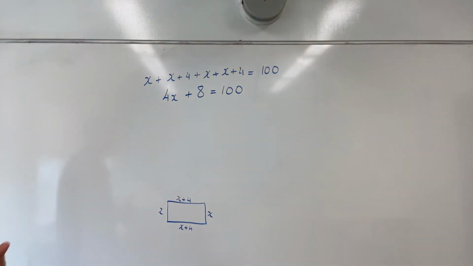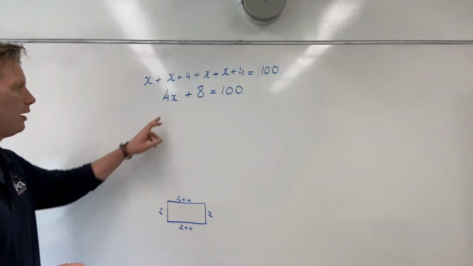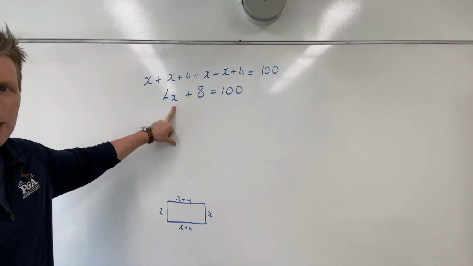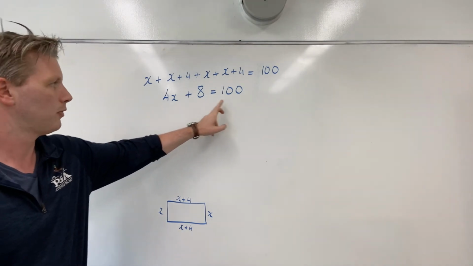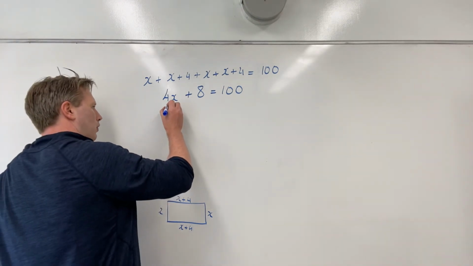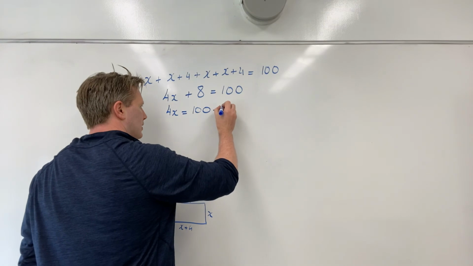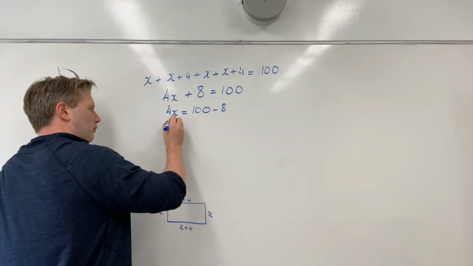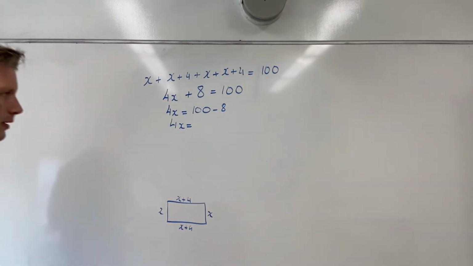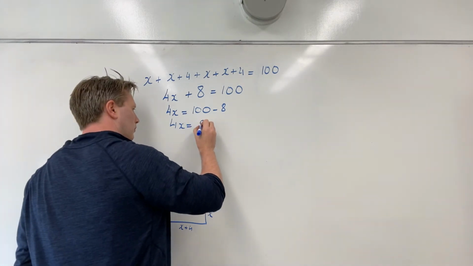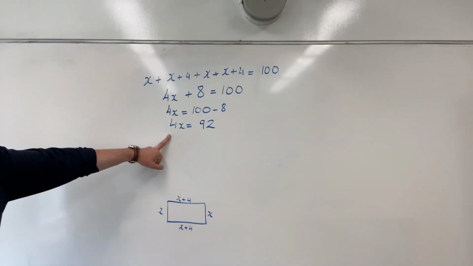Now I have just a simple linear equation, the likes of which we've seen many times at this point. In order to isolate my x, I'm going to start by subtracting 8 from both sides. So 4x is equal to 100 minus 8, which is 92.